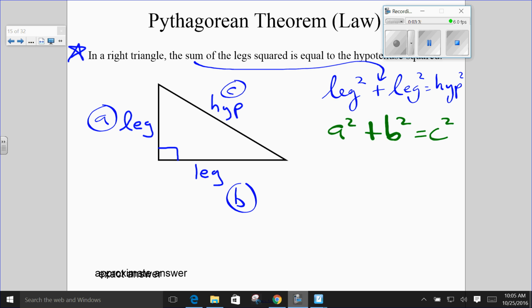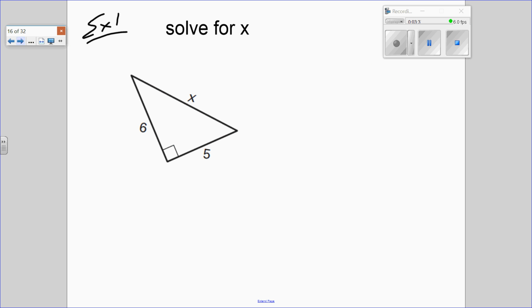Okay, example 1. I'm going to write this one down. I'm going to draw this triangle. Let's solve for x. The cool thing about the Pythagorean theorem is it is foundational to engineering, all types of engineering.